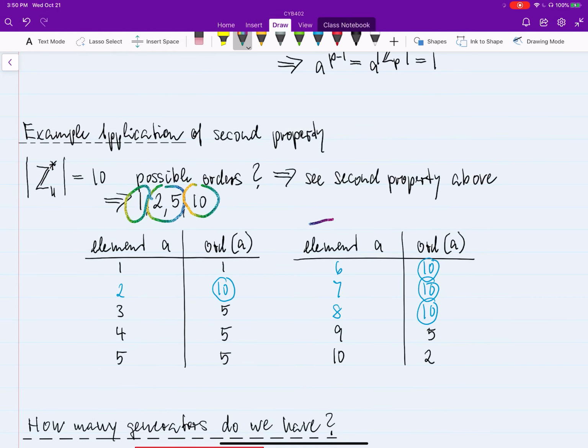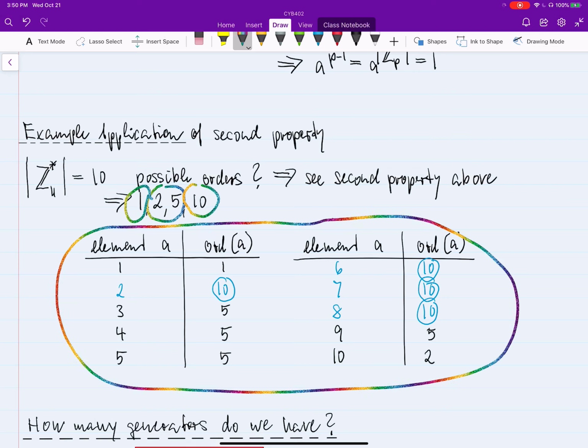And here you see a table. And that table shows us the order of each of the elements in that group. And what we see here is that always what we get is either 10 or 5 or 2 or 1. Okay.